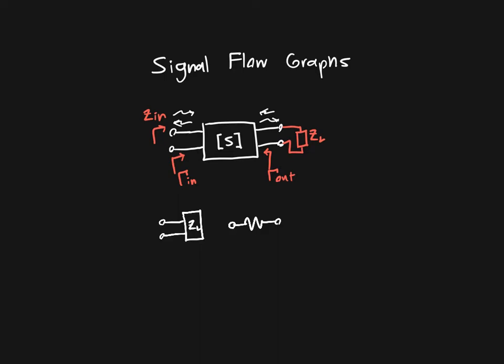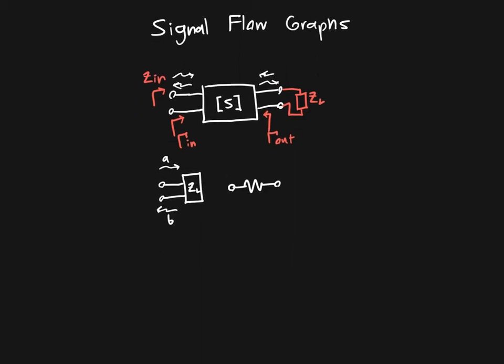Let's say it's got a certain impedance, and we're going to say that there's an incoming wave A and an outgoing wave B. Now, the way that you would analyze this in terms of a signal flow graph is really quite simple.